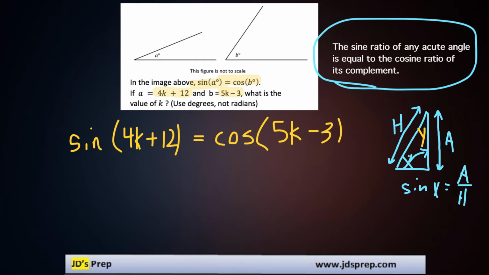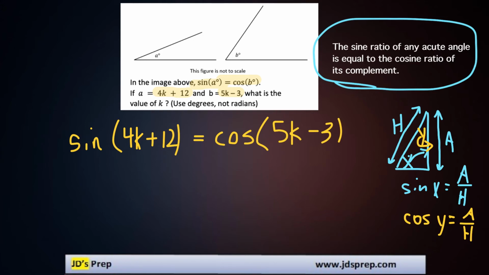Now, if we look at cos of the complementary angle to x, which would be y, you'll notice we get the same ratio because the adjacent side of angle y is a, and then it would be over the hypotenuse. So hopefully that little visualization there helps you understand that the sine ratio will be equal to the cosine ratio of its complement.